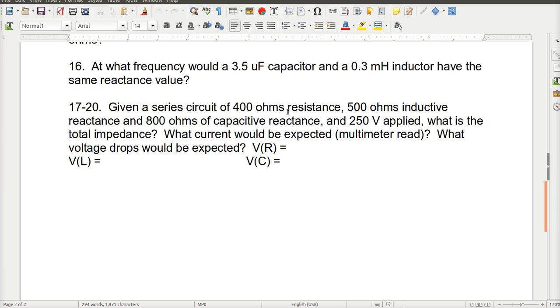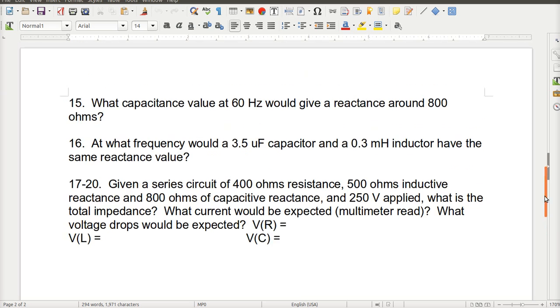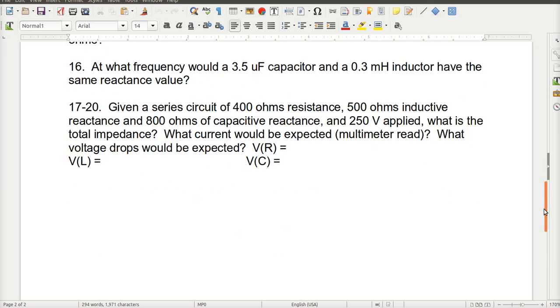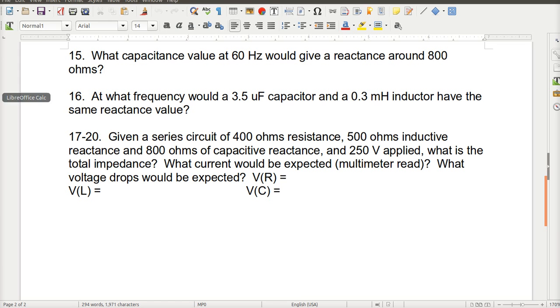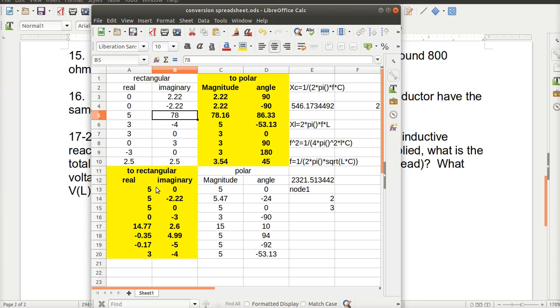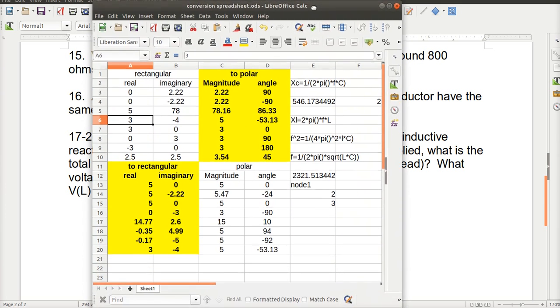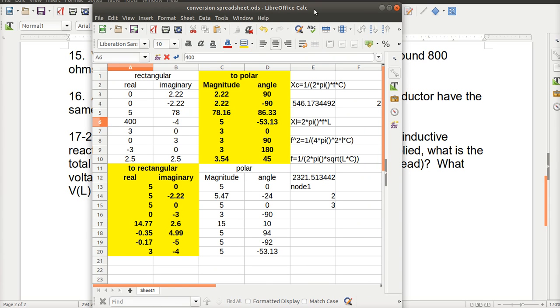What you will see in this problem is my 400 ohms resistance goes out my positive x-axis, 500 ohms goes up, 800 ohms goes down. So this is essentially a 400 out, 300 down. So my impedance for this circuit in real and imaginary works out to be 400 out and minus 300 down.